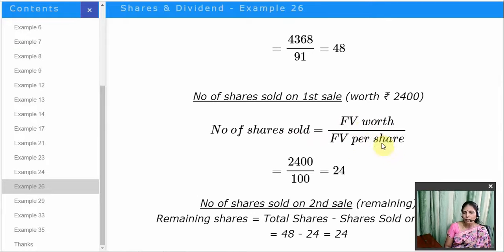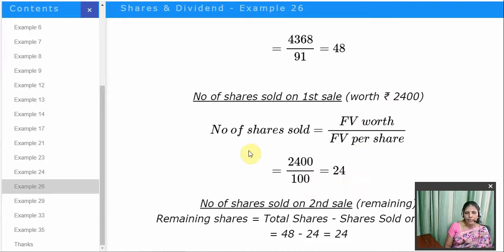As here we are using this formula based on the given data, worth rupees 2,400, that is given in the question. So worth rupees 2,400 means the face value is 2,400. So this much face value he is selling in the market. So total face value by face value per share, so it is 2,400 by 100, that is equal to 24.